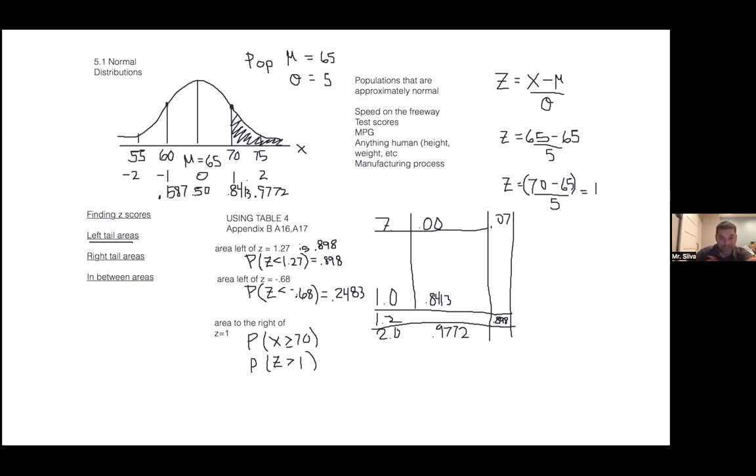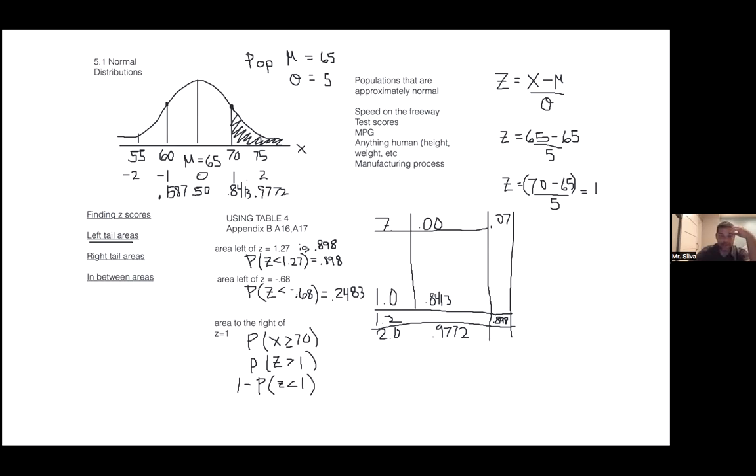Okay, let's stick with z is greater than 1. So I find the area to the left and subtract from 1, and that'll give me the area to the right. So what I'm going to do is go 100%. The area under the entire curve is 100%. Z is less than 1. Notice the sign changed.